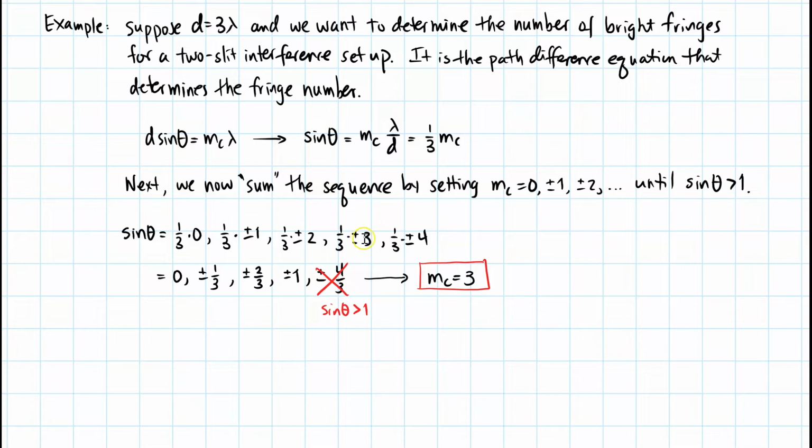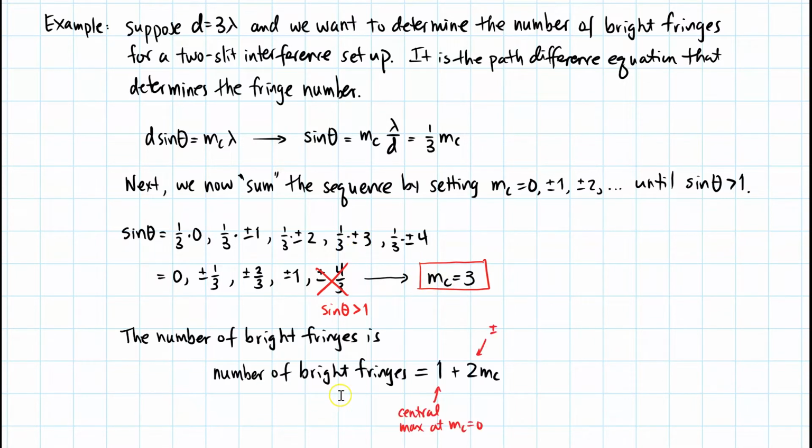Since our last valid m value was 3, that tells us that m_c is equal to 3, so the number of bright fringes is equal to 1 plus 2m_c. 1 because we have the central max, which is at m_c equal to 0, and then 2 because they're symmetric about 0, so I get the plus and minus sign. So this tells us that this interference pattern has 7 bright fringes.